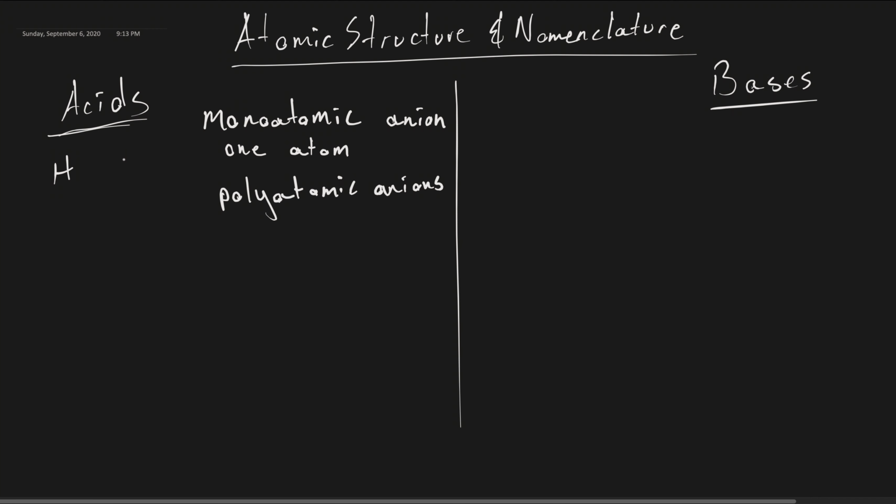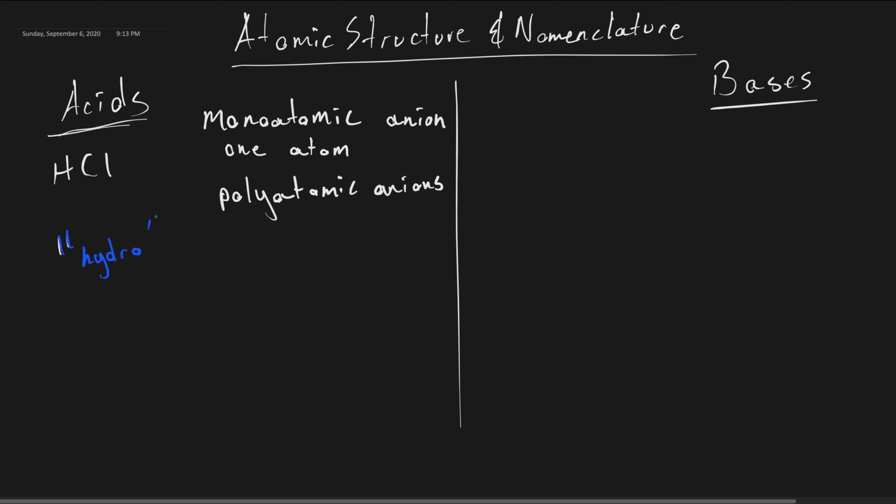For example, with a monatomic anion, or one atom, it could be chlorine. So it would be the hydrogen and the chlorine, and this would be a form of an acid. How do we say these acids? Since it has the hydrogen in the beginning, for monatomic anions we write the prefix hydro.